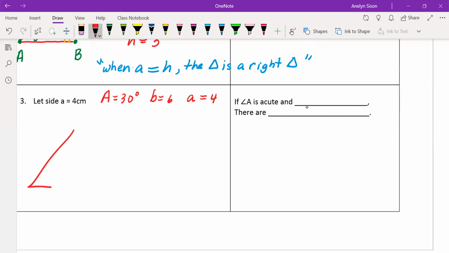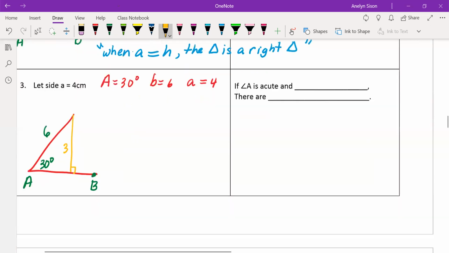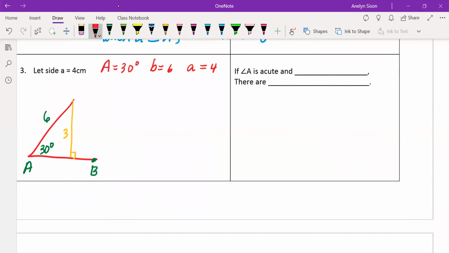Let's draw our base left angle, which is 30 degrees, A. And here is B. We don't know if we're going to form a triangle here or not, but we know this is 30, and here is 6. Here is the height, and we know the height is 3. Remember, 3 is the height. Now they gave us 4.